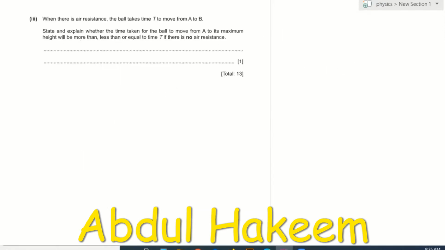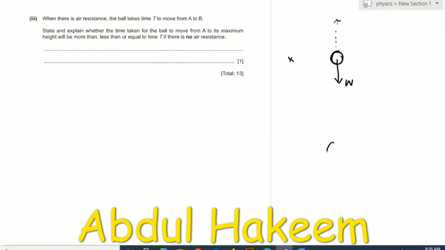Now, the next part: when there's air resistance, the ball takes time t to move from A to B. State and explain whether the time taken for the ball to move from A to its maximum height will be more than, less than, or equal to t if there is no air resistance. Look, if the ball is moving up in the absence of air, the only force acting down is its weight.